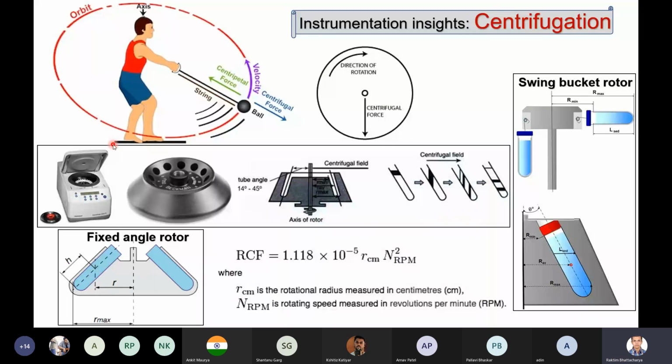Based on this very simple theory, scientists have designed a wonderful machine, the centrifuge. You can see this is called the rotor, and there are small holes in it. When you prepare your sample in small tubes, you put your sample in. Why do we require this?